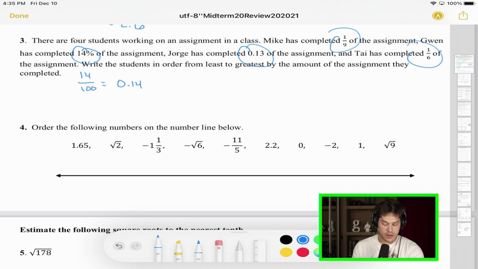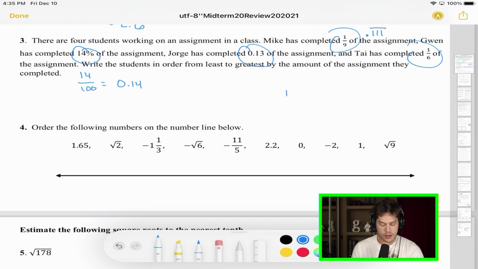So 1/9 is 0.111 forever, 0.1 repeating. And then 1/6, I don't know that off the top of my head, I'll be honest, but we can always divide the fraction and figure it out.